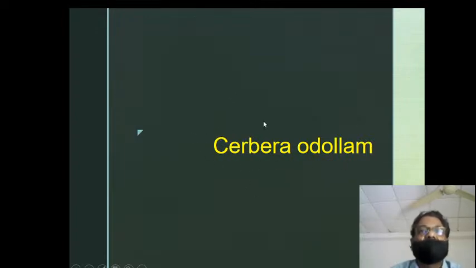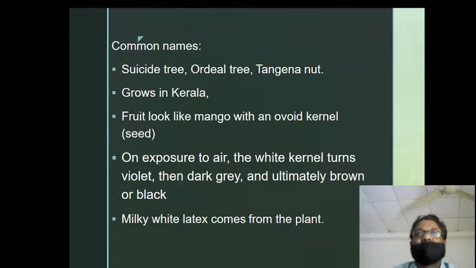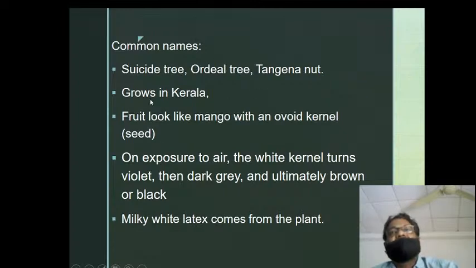Especially in Kerala, Cerbera odollam is the most common poison observed, because this plant grows in Kerala. Most of the time the Keralites use this plant for suicide. That's why it is also named the suicide tree.